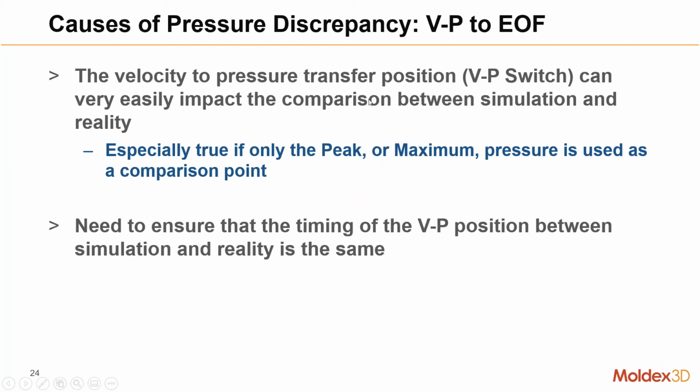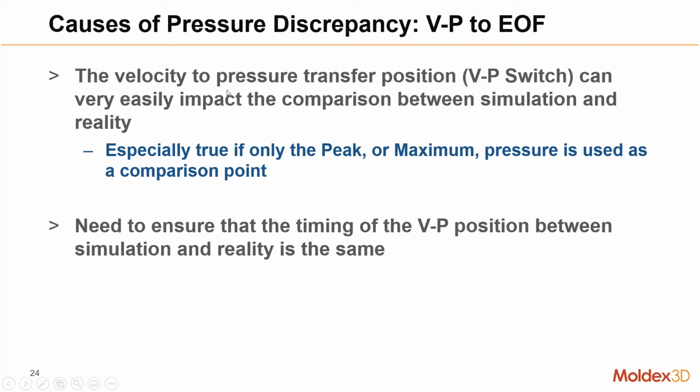All right. The third region of our sprue pressure curve is switched to the end of fill. So at the peak pressure, the maximum pressure typically, we have a phenomenon which we call the VP switch. This is where we're basically switching from our filling stage, which is in the velocity control, to pressure control, or the packing stage.